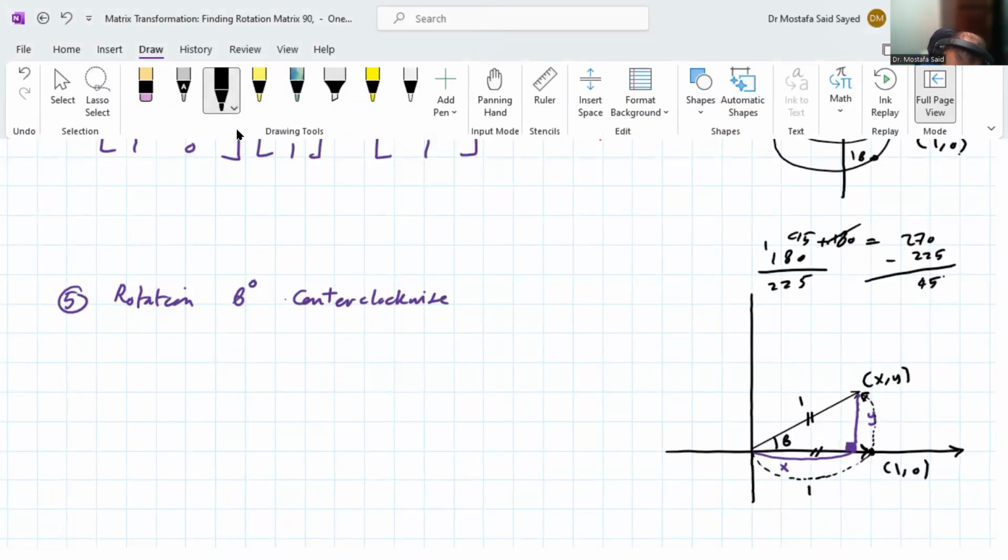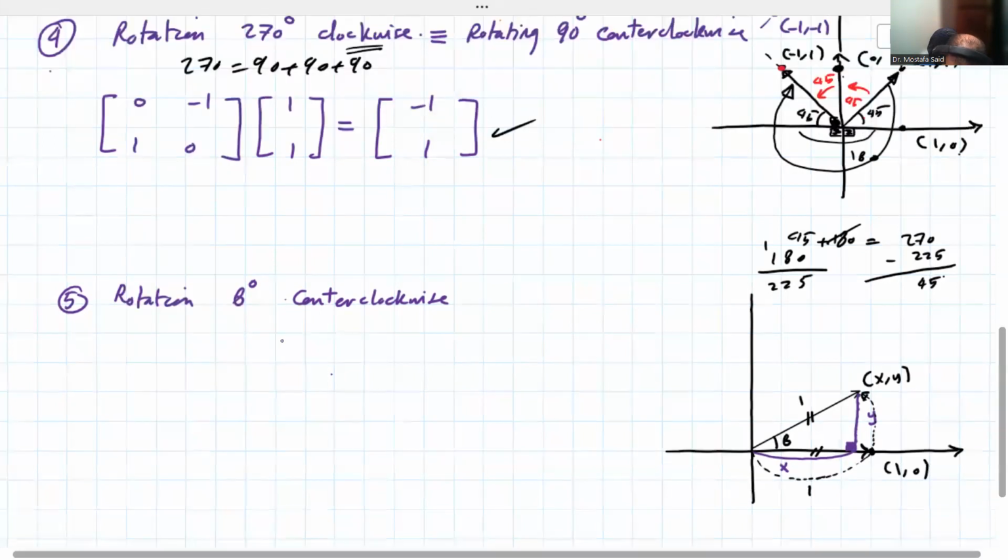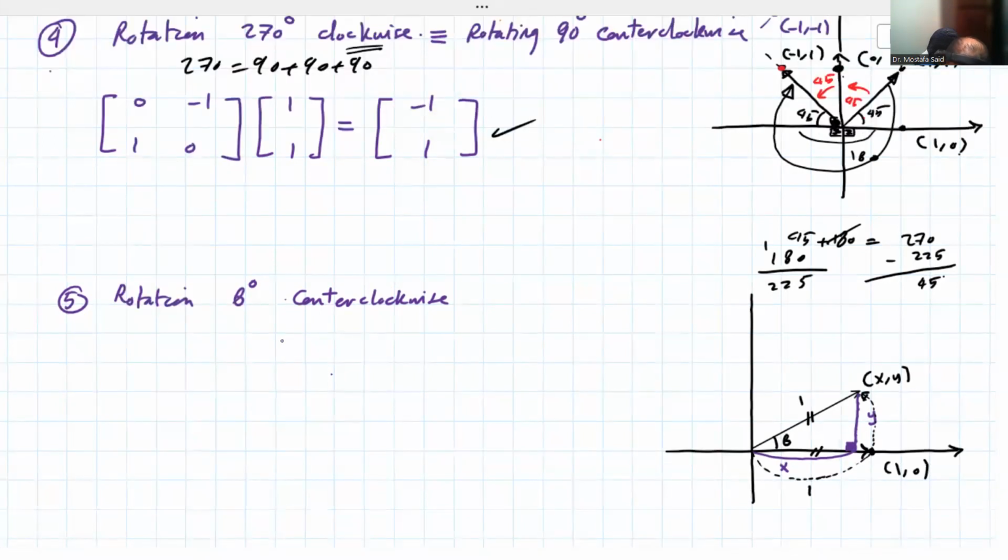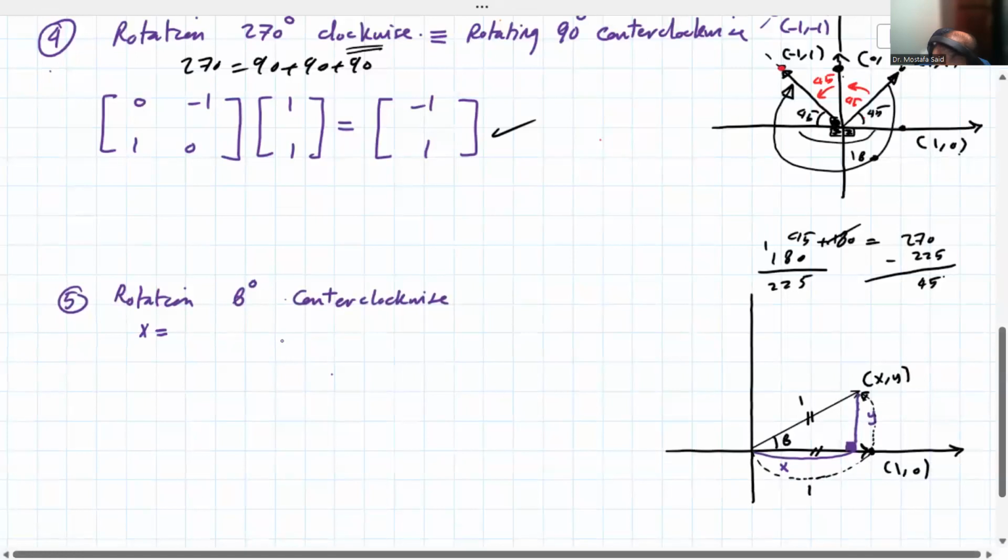So x is equal to the hypotenuse, which is 1, times cosine theta, and y, which is the side in front of the angle, is equal to the hypotenuse 1 times sine theta. So basically x is equal to cosine theta, y equal to sine theta.